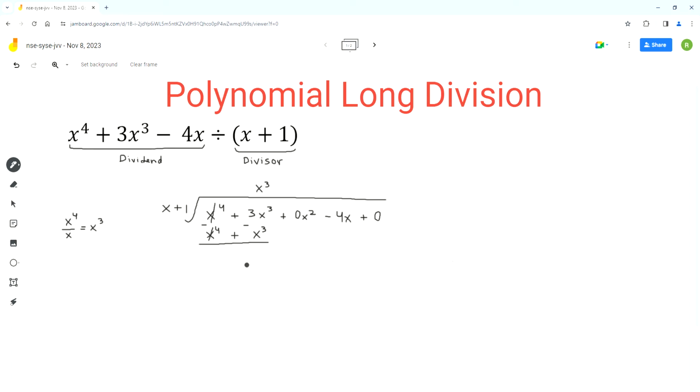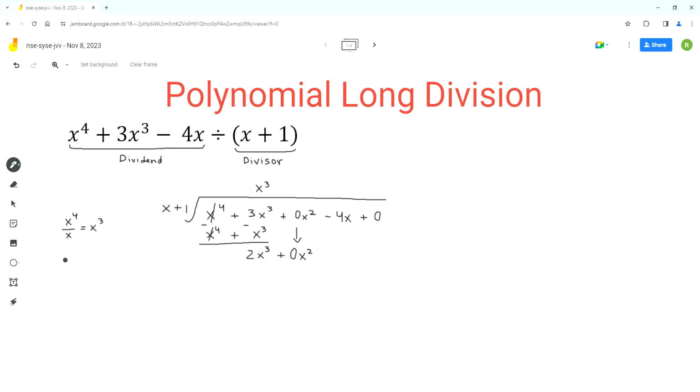Now we subtract the x cubed terms: the coefficient is 3 minus 1, which is equal to 2, so 2x cubed. Now we can bring down the 0x squared.